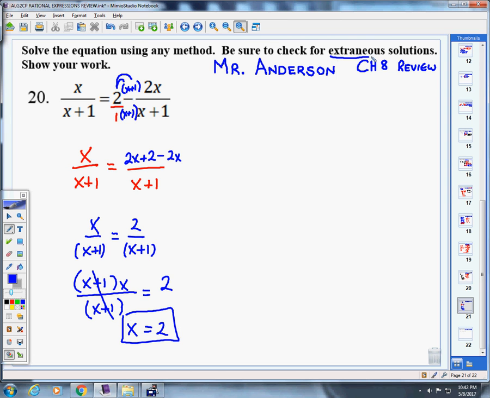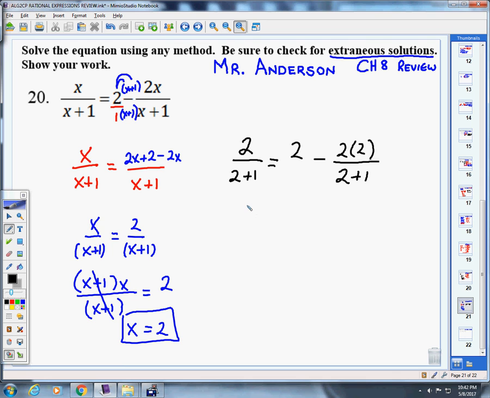Of course, I need to check for extraneous solutions. So I will plug it back into the original equation. So 2 is my possible answer. Everywhere I see an x, I need to put a 2 instead. So 2 over 2 plus 1 equals 2 minus 2 times 2 over 2 plus 1.